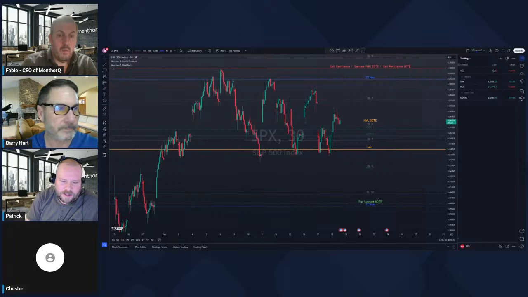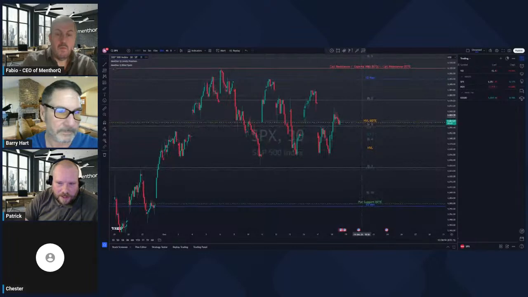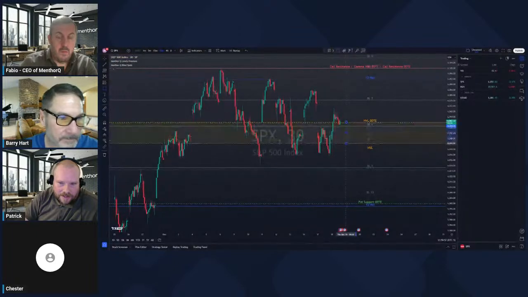So we can clearly see we are in the range between the high vol 0 DTE and high vol. So we have our high vol 0 DTE level here, and we have our high vol level here. And between this one, I think this is nothing.